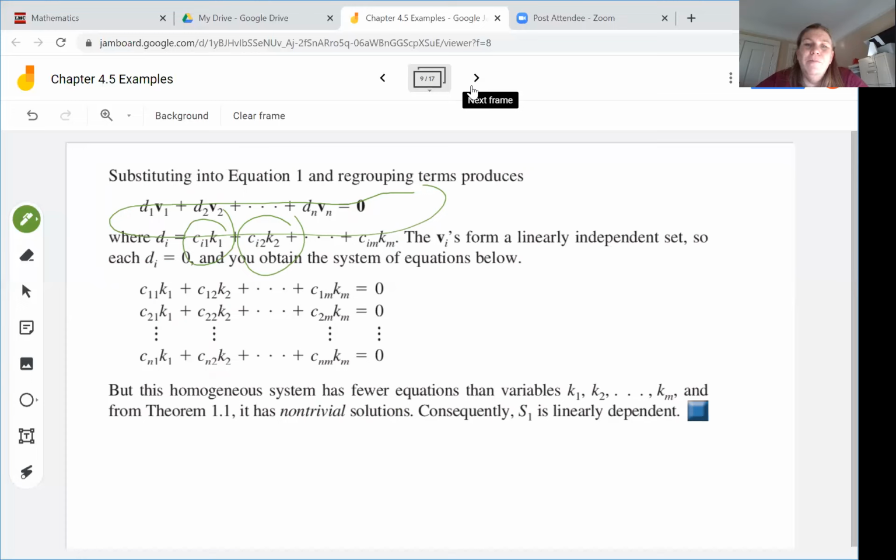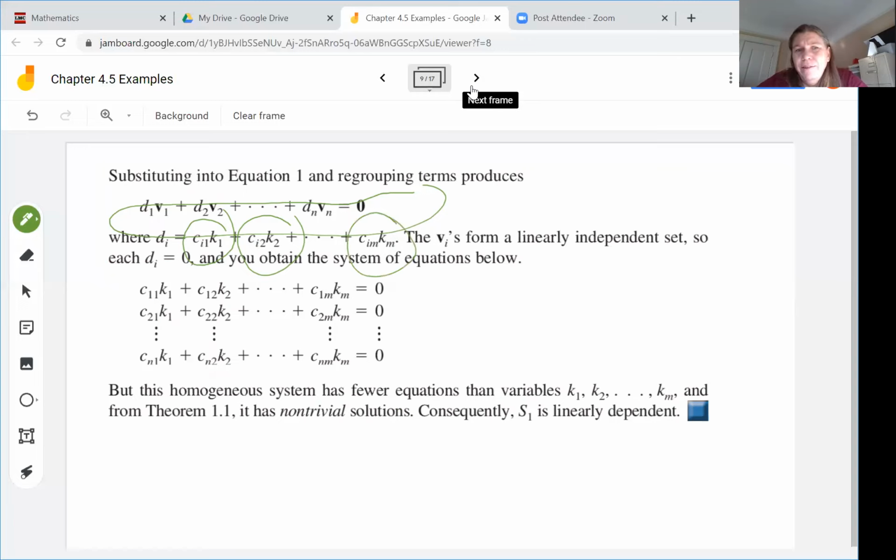Some of the c's must be reused in here, because there are more k's than c's, since k has m components and m is more than n. That's why we're using subscripts on these c's, like c i1, c i2. So some of the c's are duplicated.